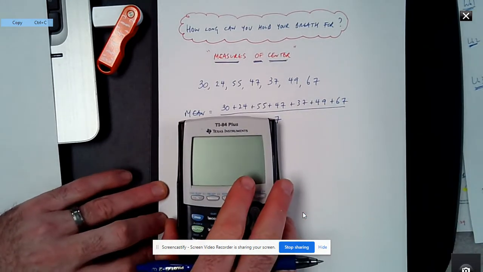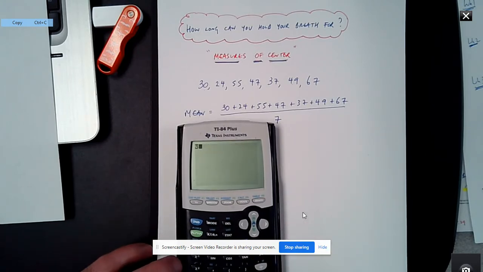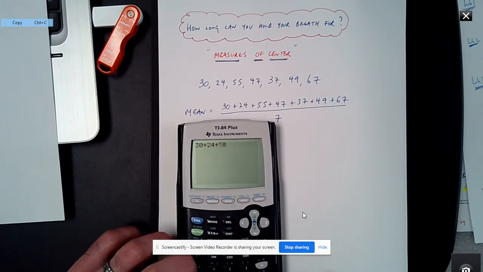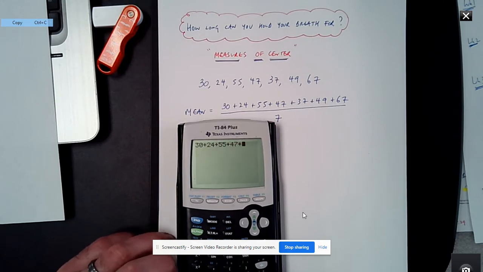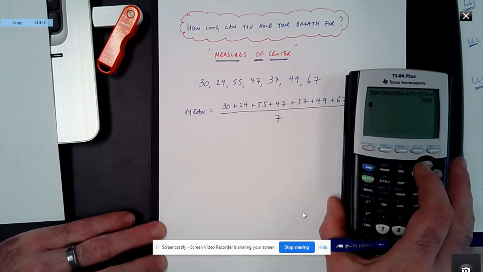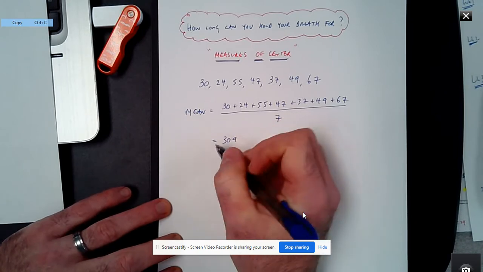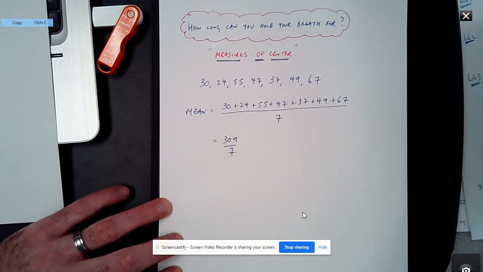Now, whatever calculator you have works great for this. So I'm just going to use this calculator here. Here we go. 30 plus 24 plus 55 plus 47 plus 37 plus 49 plus 67. And I get a value of 309. So this is going to be equal to 309 divided by 7.